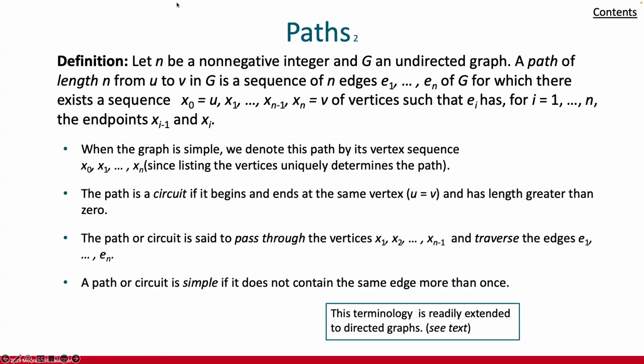Here's a definition: let n be a non-negative integer and G be an undirected graph. A path of length n from u to v in G is a sequence of n edges e1 to en of G for which there exists a sequence x0 equal to u, x1, all the way up to xn equal to v, of vertices such that ei has, for i equals 1 to n, the endpoints x sub i-1 and xi.